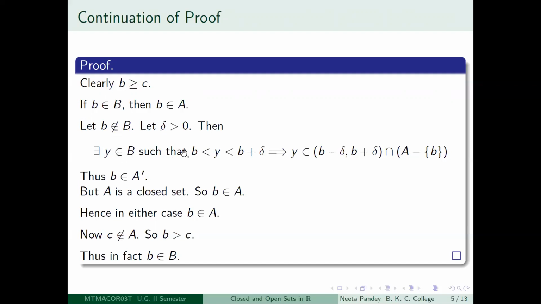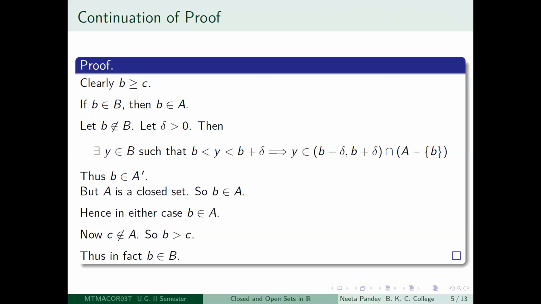So doing some simple observations and concluding, we get that if we take any delta greater than 0, it will be possible to show that the deleted delta neighborhood of b will contain a point of capital A. So little b will be a limit point of capital A. Now, what had you assumed about capital A?